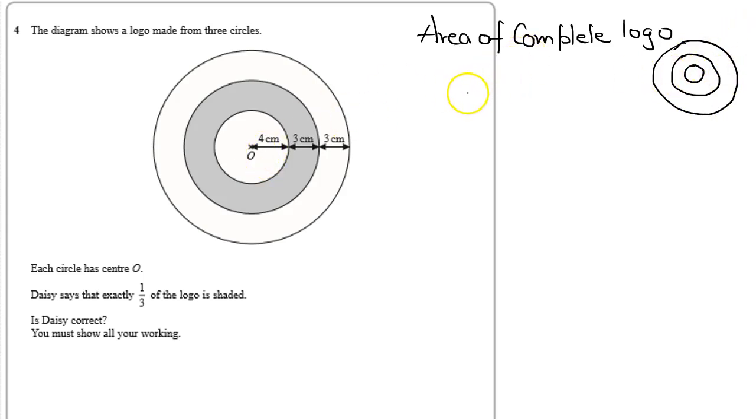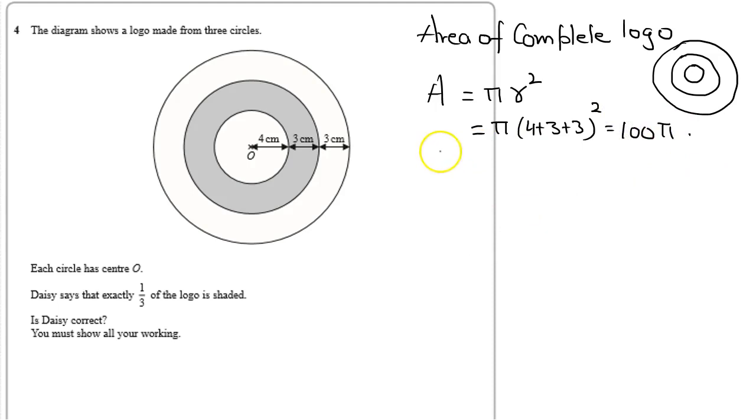We know that the area of a circle is pi r squared. So that is pi, and r is 4 plus 3 plus 3, which is 10. So that is 100 pi. Now the area of the shaded part.